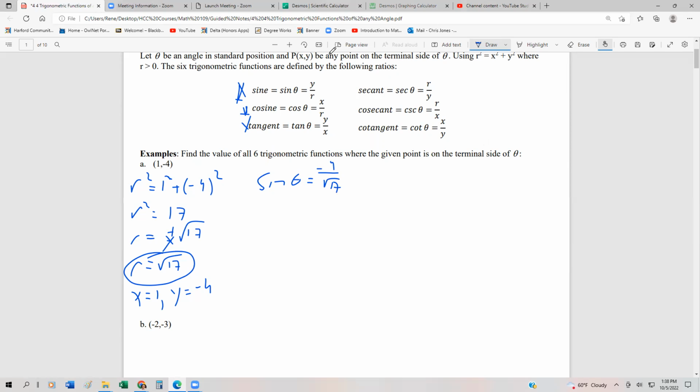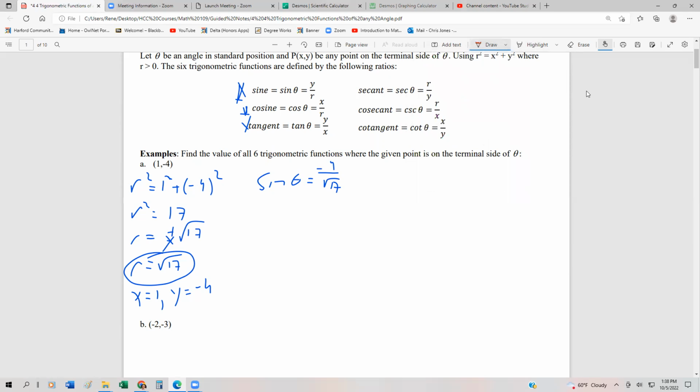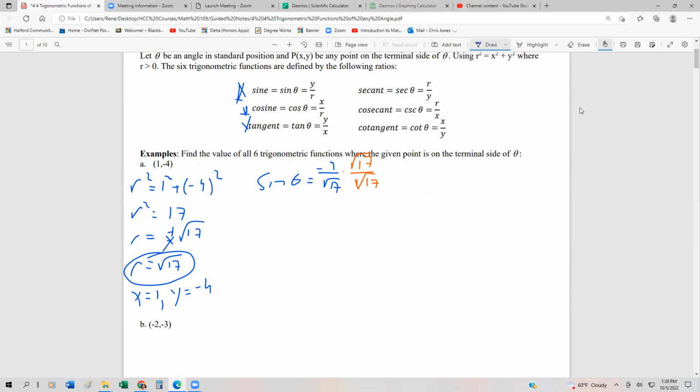We want to rationalize that, and we've seen rationalization many times, so we multiply by root 17 over root 17. We end up with negative 4 root 17 divided by 17. That's our sine. For our cosine, that's x over r, so that's 1 over root 17.